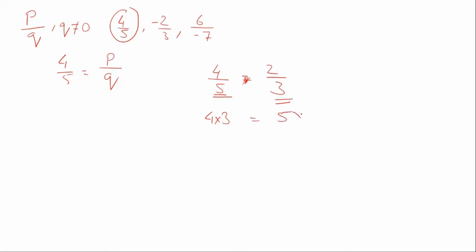So it will be 5 into 2. 4 times 3 is 12, 5 times 2 is 10. As you can see, both numbers are different. So these rational numbers are not equivalent.